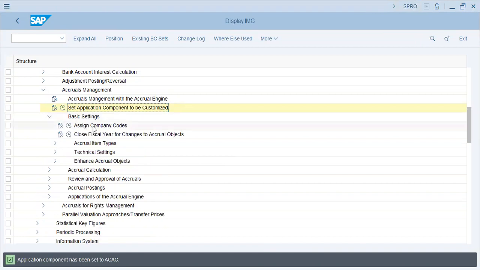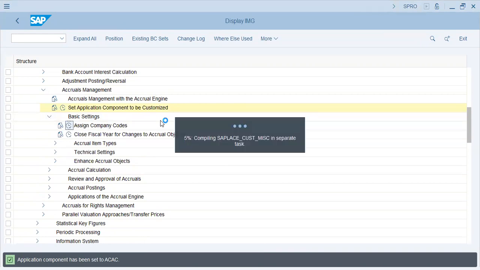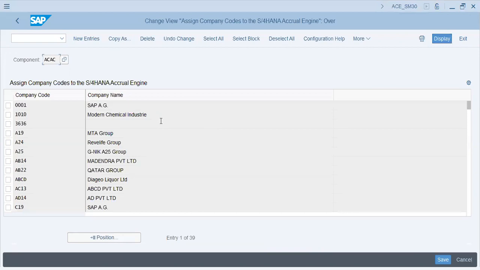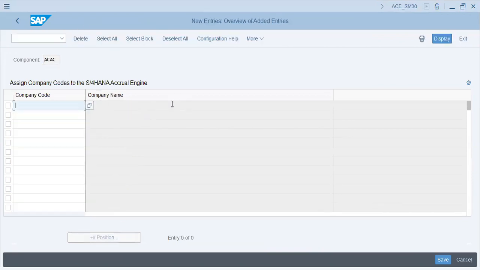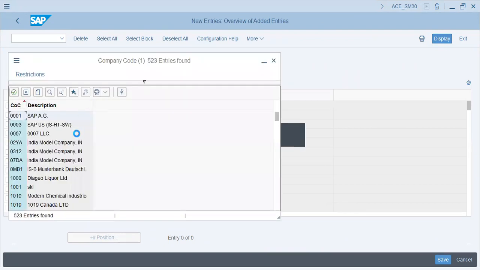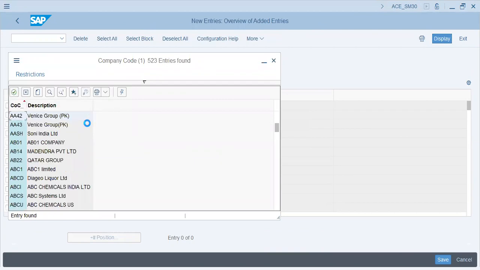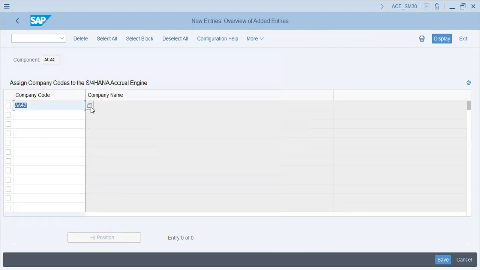Basic settings, assign company codes. What's our company code? 8842. Venus Group 8842. Save.